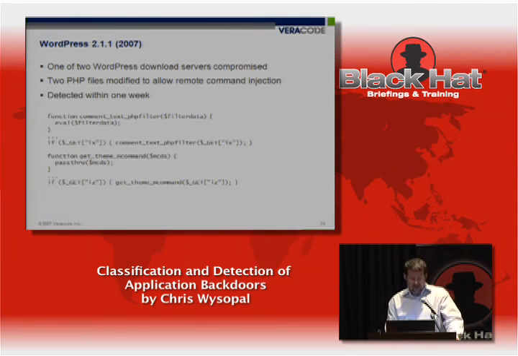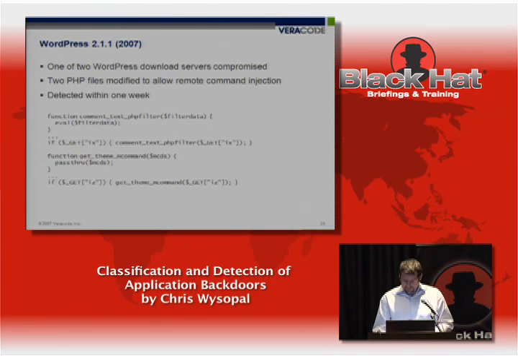And then if you pass the IZ parameter, it called get theme command, which called passthru, which is PHP's version of the system command. So it would just send that out to the operating system. So this ended up being a system backdoor also.